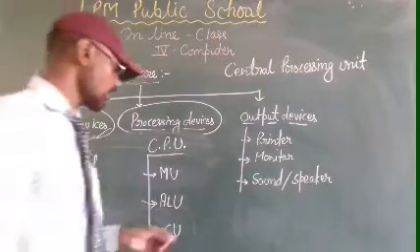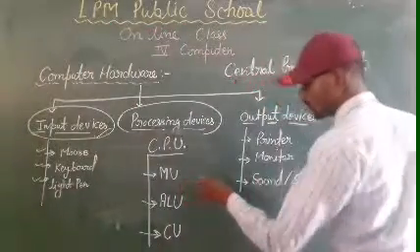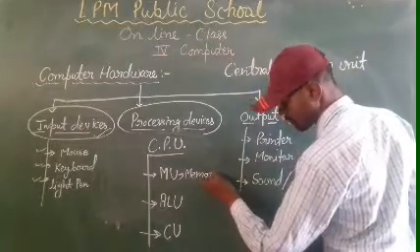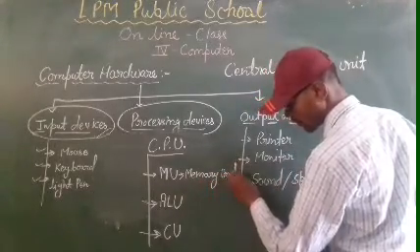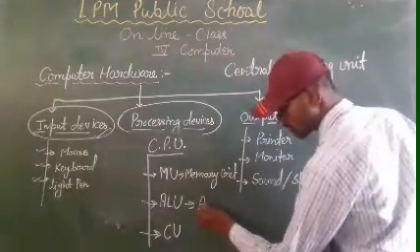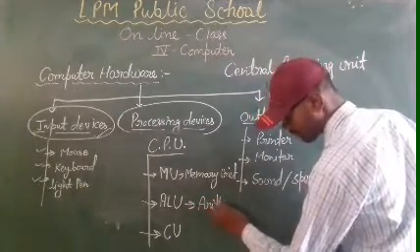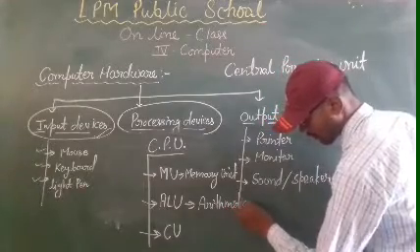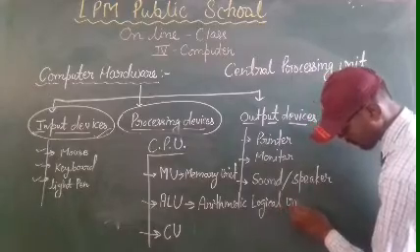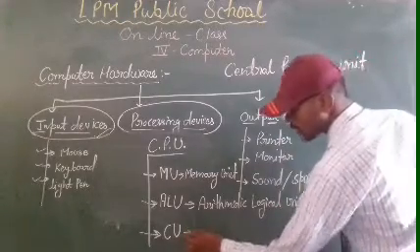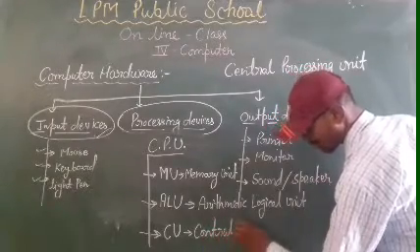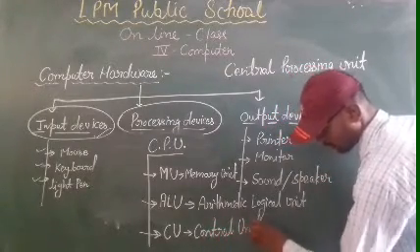ALU stands for arithmetic logical unit. And CU stands for control unit. Okay.